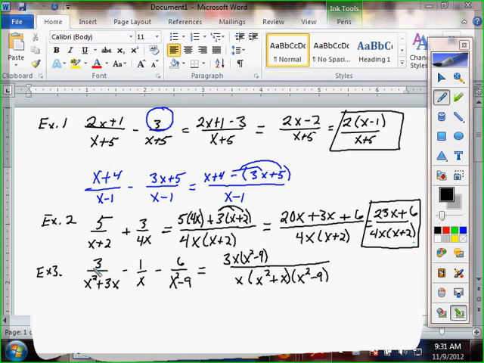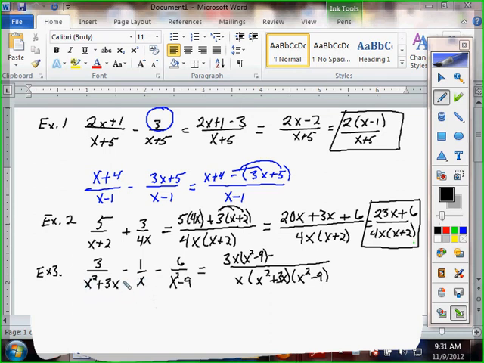So I have to multiply this 3 times x and times x squared minus 9. Then now I have minus, what did I multiply this x by?